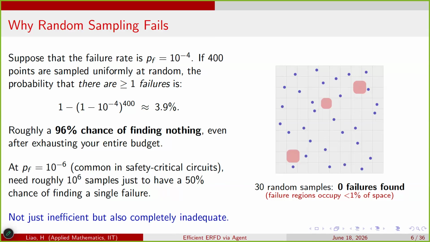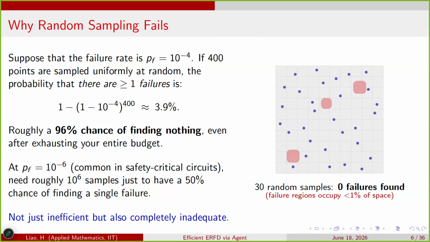If you need to achieve a certain number of failure observations, you need to select more points given this 10 to the -4 failure rate. And if you make it even more rare, 10 to the -6, 10 to the -8, then you will need roughly 10 to the 6 samples to have approximately a 50% chance of finding a single failure.